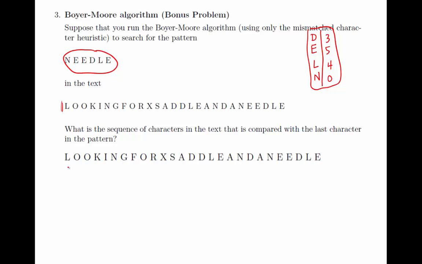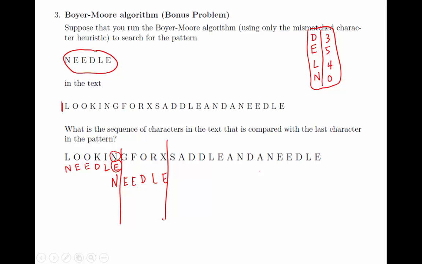Now let's simulate this on the given string. So we have needle. The way Boyer-Moore would work is that it compares the characters N and E, and it fails. This means that it needs to advance to the last occurrence of the N, which we know is 0. So therefore N is going to be aligned here. So we'll have needle here.